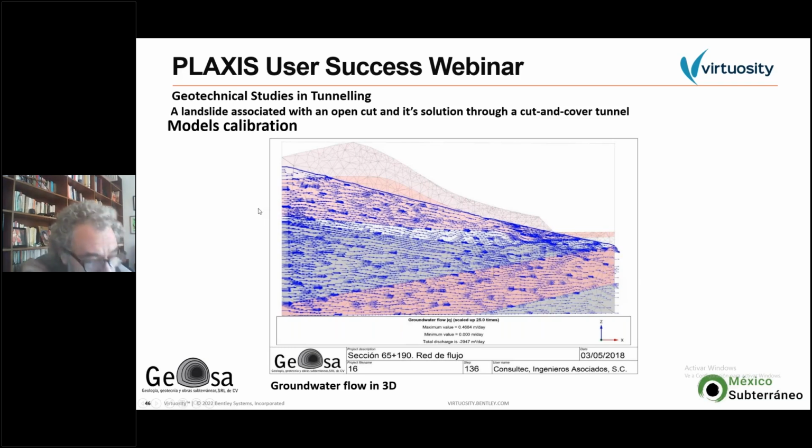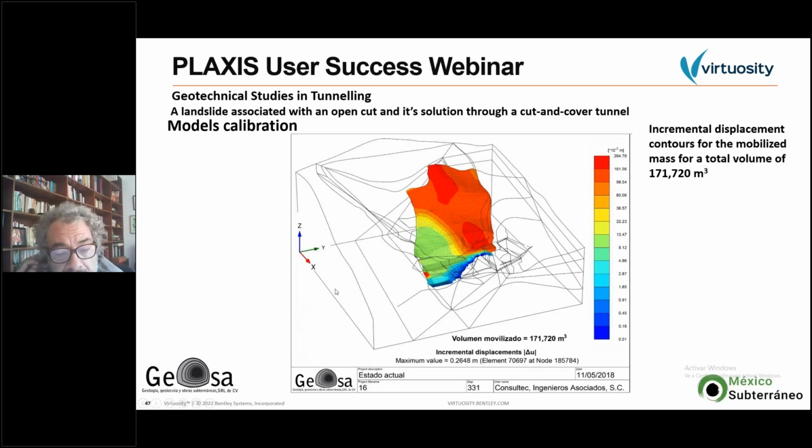Also, we analyzed many cases, and this, for example, represents the volume of the mobilized zone, which is 171,000 cubic meters, which is a lot of ground moving towards the excavation.